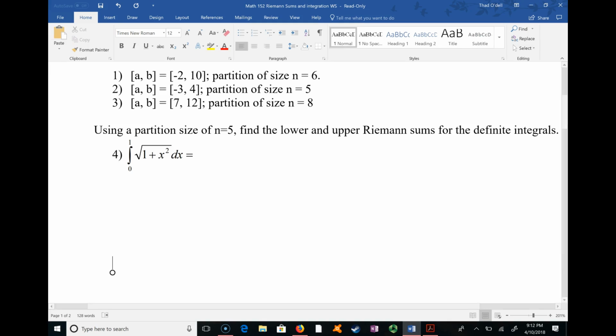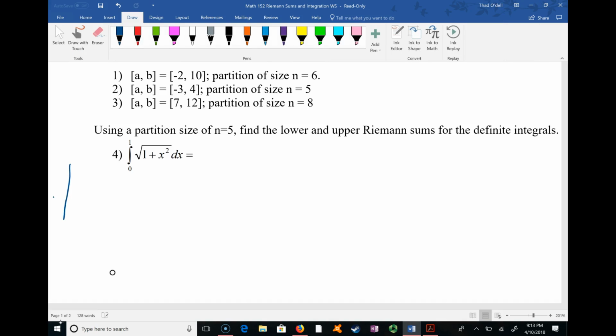We're supposed to approximate this integral using 5 partitions, and you want to find the lower and upper Riemann sums. So in class we graphed this and we saw that it looks kind of like this, basically. So we know that from 0 to 1, it's steadily increasing.